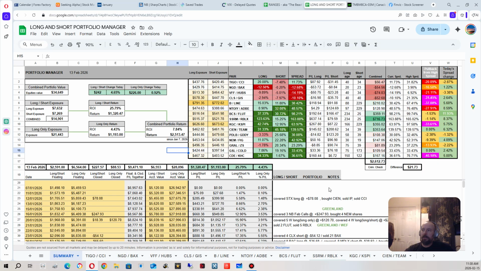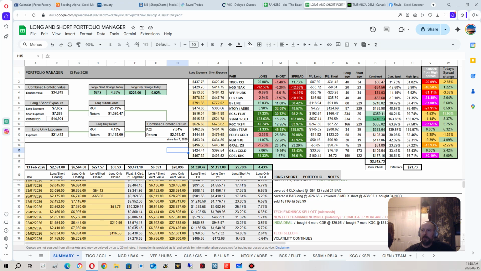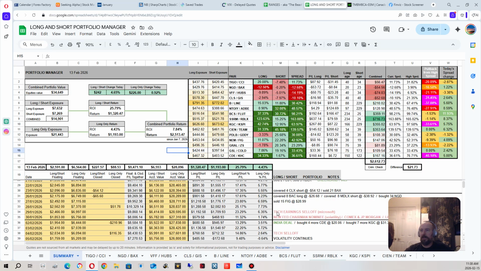I also note beside what I'm doing on any particular day, you see these thicker lines, they separate the weeks. So this is one week, this is another week, another week, another week, and this is the week we just completed here. You can see I've been saying a lot about volatility. There was the sell-off last week. The week prior to that, there was a Microsoft sell-off.